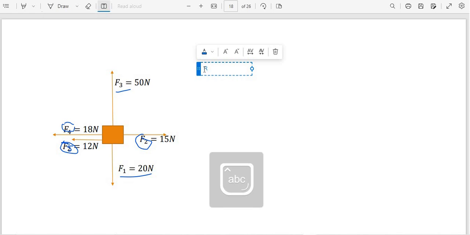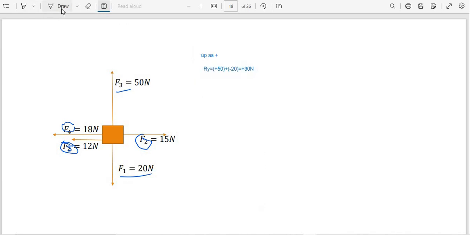So the resultant along the y will be equal to positive 50 because it's pointing up, plus negative 20, the negative for downwards. The resultant along the y direction will be positive 30 newtons, meaning that the resultant along the y direction has a magnitude of 30 with an upward direction.